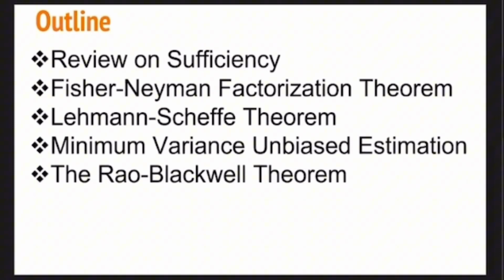And if you look at the sufficiency, we believe that if we are able to derive a sufficient statistic, we have found a compressed way of figuring out the true value of the parameter.